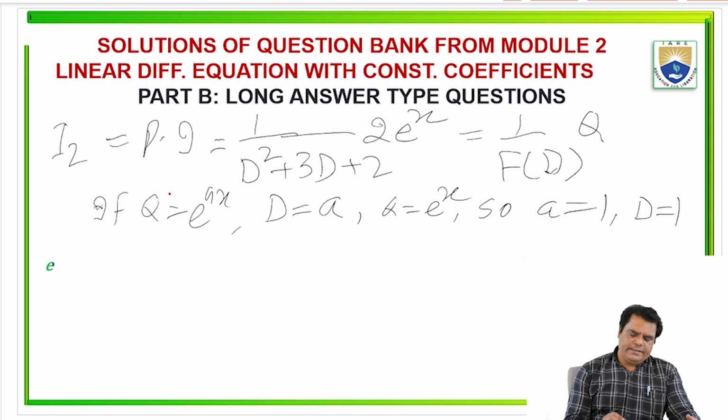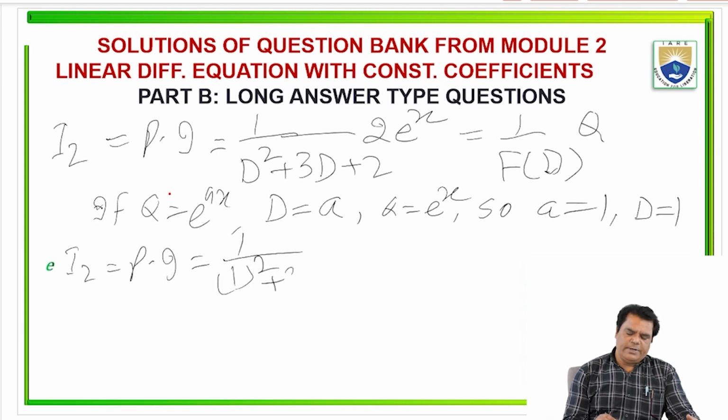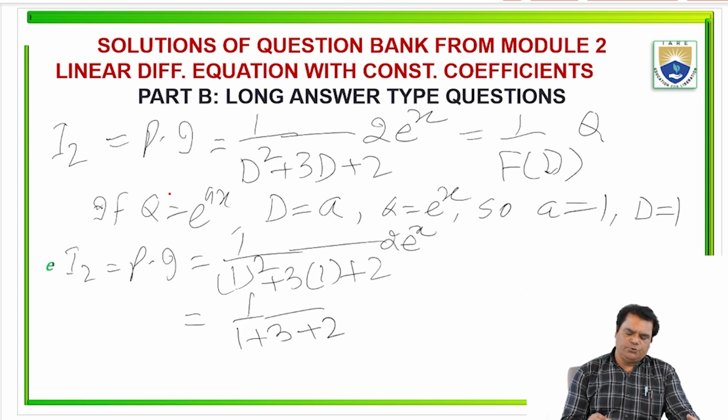So we write here PI I2 equal to PI, and this upon D: 1 squared plus 3 into 1 plus 2, into 2e to the power x. So this result is 1 upon 6, that is 1 plus 3 plus 2, into 2e to the power x.